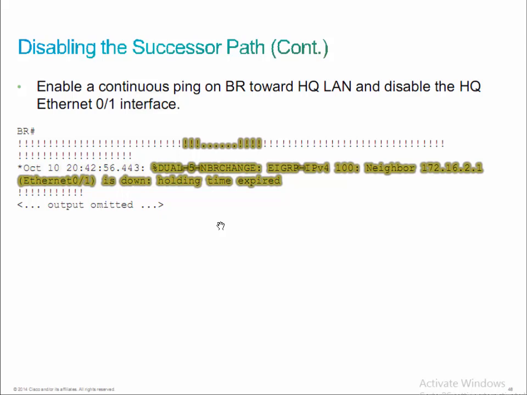So we're seeing about the same failover time. But very important to note that that's not always going to be the case. The density and the depth of your network topology vastly affects how the query process takes place and what happens within the query process. So it's really important to understand that aspect of it.